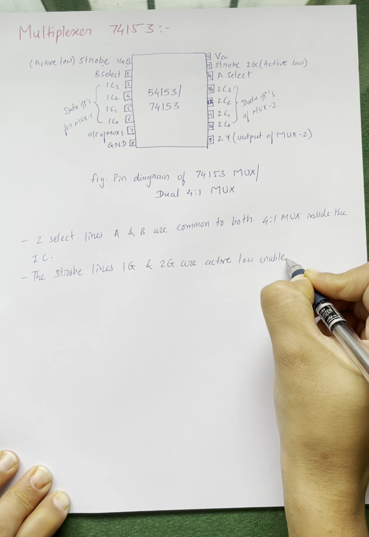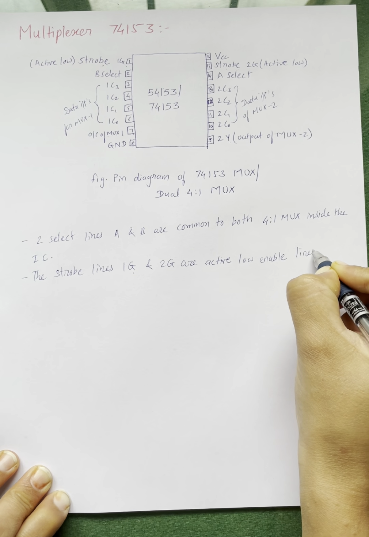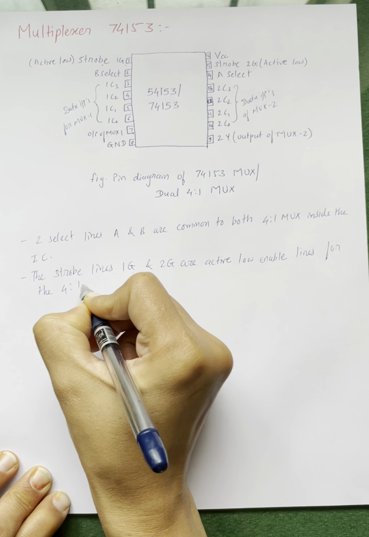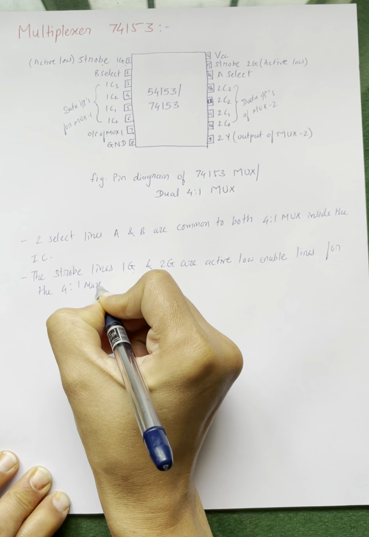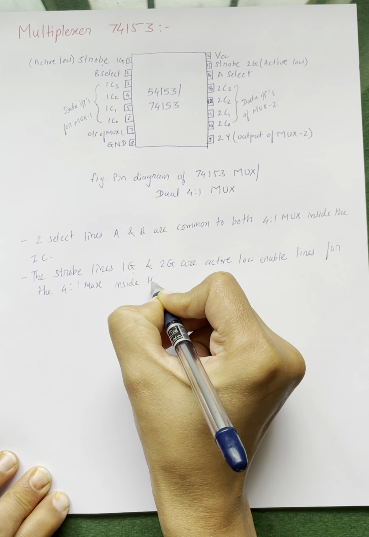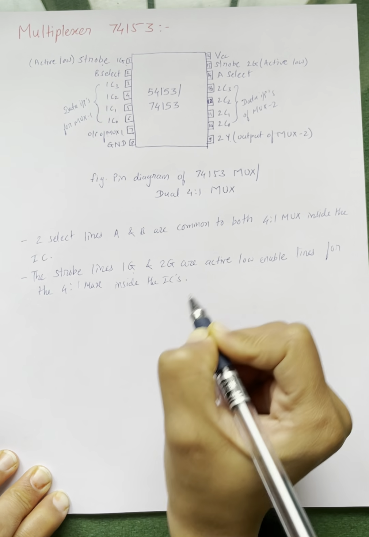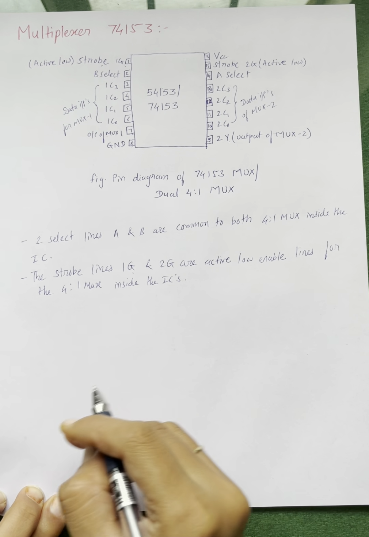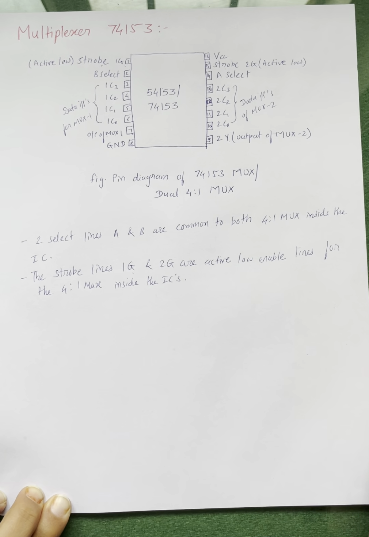So these are the active low enable lines for the 4:1 mux inside the IC. This is the description regarding multiplexer 74153.